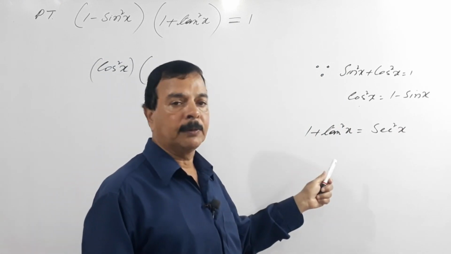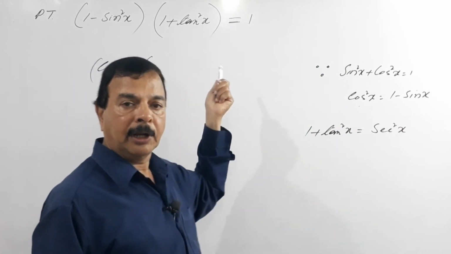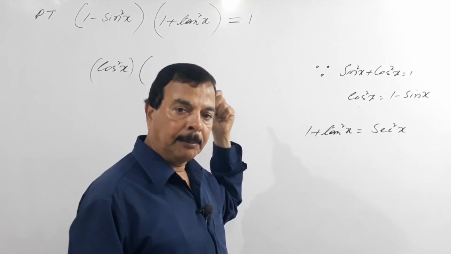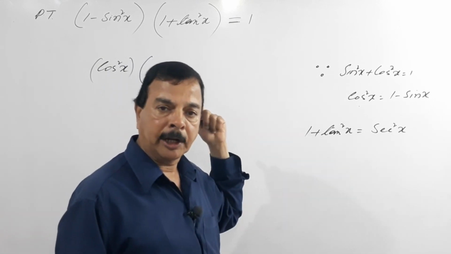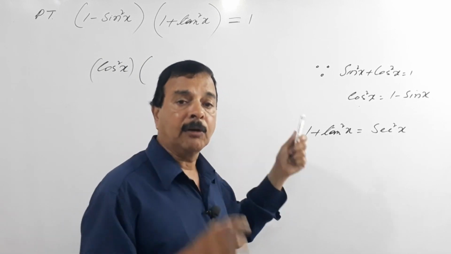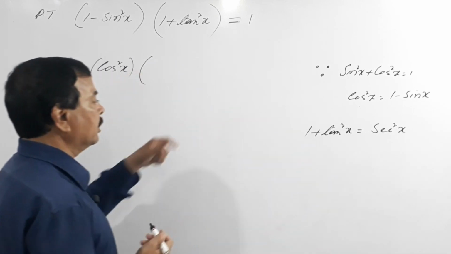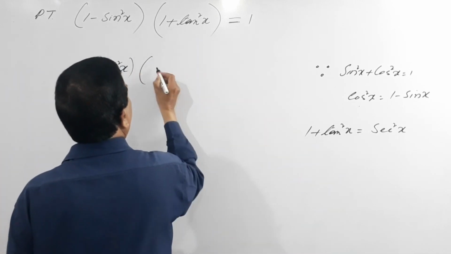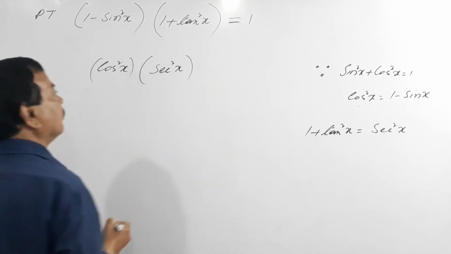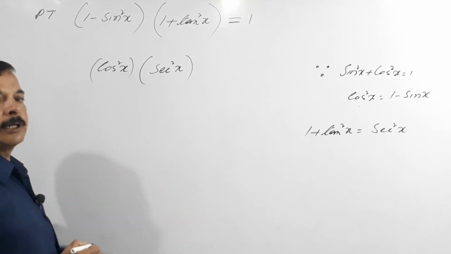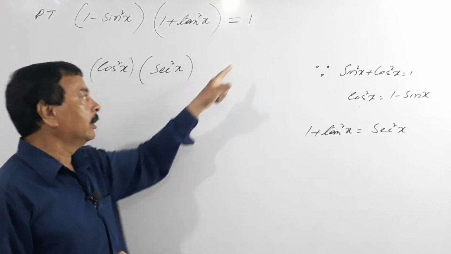If you don't remember this formula, there is no fun in attempting trigonometric problems, because without formula you cannot even think of doing problems here. So 1 plus tan square x can be written as secant square x, right? And what is secant square x? He wants 1, isn't it?